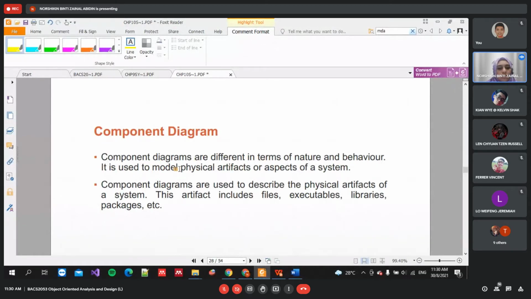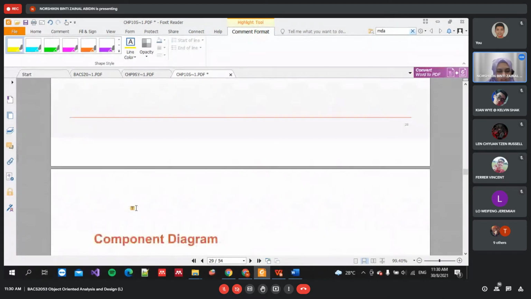It is used to model the physical components, the physical artifacts of a system. These artifacts include files, executables, libraries, packages, etc.